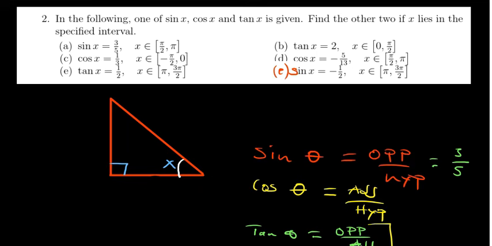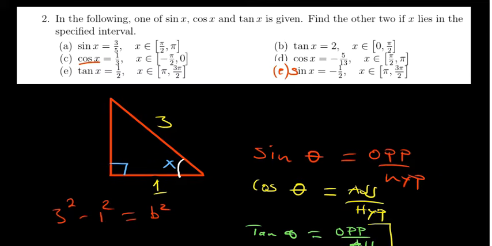And then cosine of x equals 1 over 3. Cosine is adjacent over hypotenuse, so the adjacent is 1 and the hypotenuse is 3. To find the missing side, the hypotenuse, 3 squared, minus 1 squared gives us the other side, b squared.